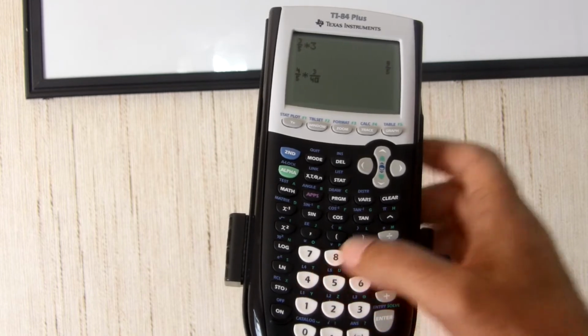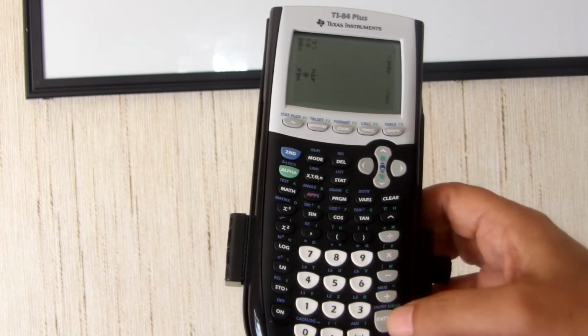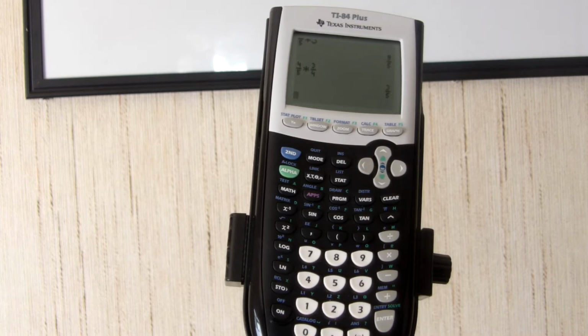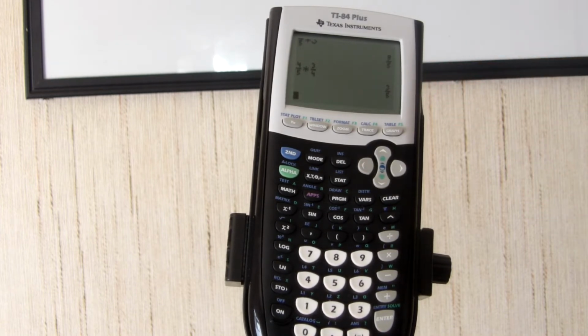See, the numerators are multiplied by each other, 3 times 4 is going to be 12, and 4 times 5 is going to be 20. So the answer is going to be 12 over 20.